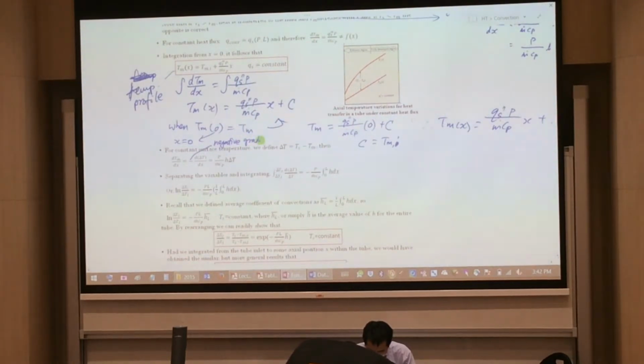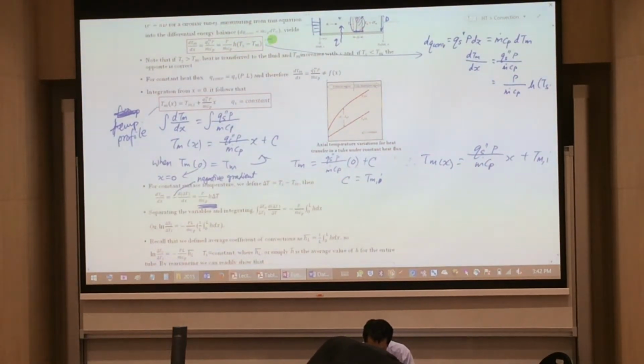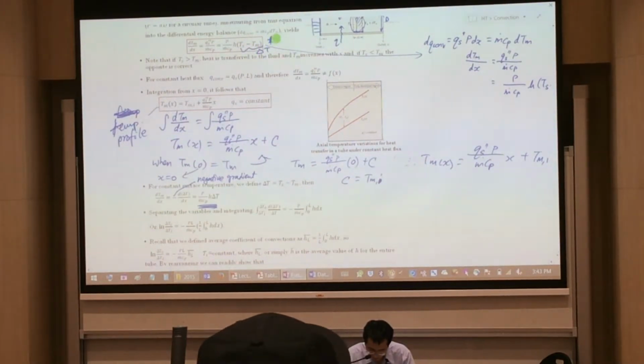That's why there's a minus sign over there. My dTm over dx is actually equal to this, so that was what we saw before, where we let this part here be equal to delta T.